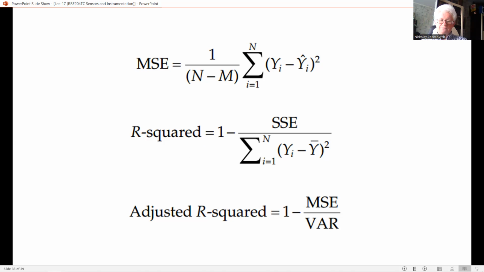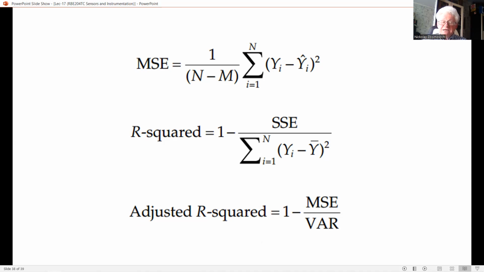Let's look at the bottom one, adjusted R squared. For a given set of data, when the number of coefficients in the fitted curve increases, the accuracy of the estimate decreases in general.